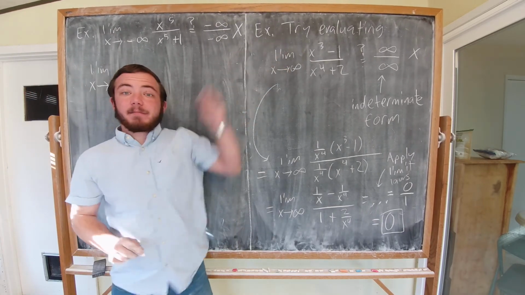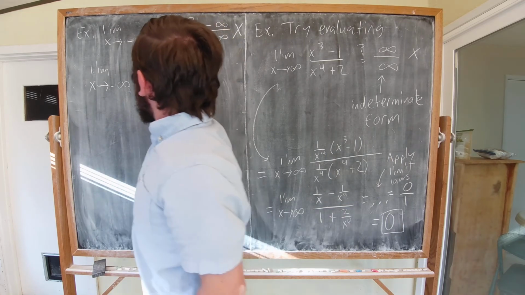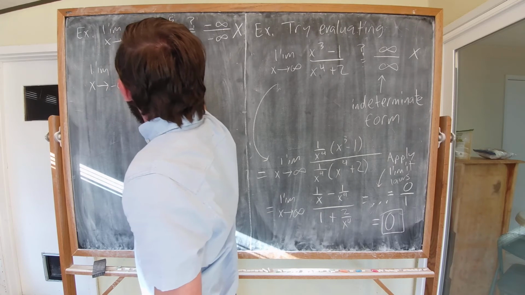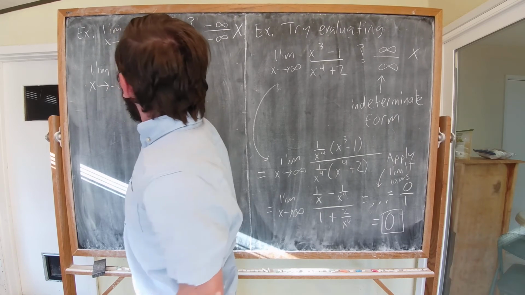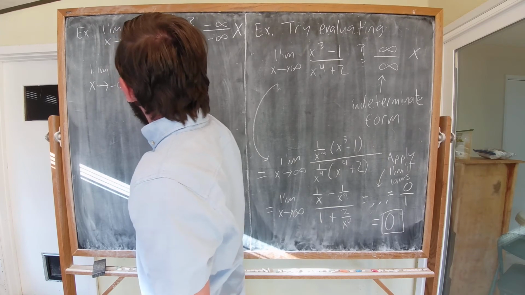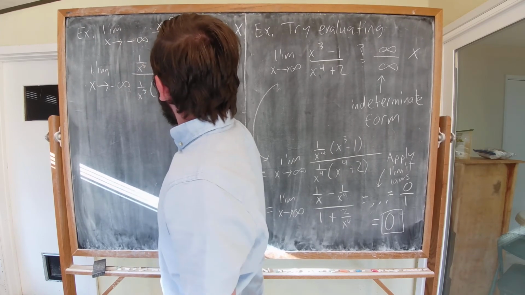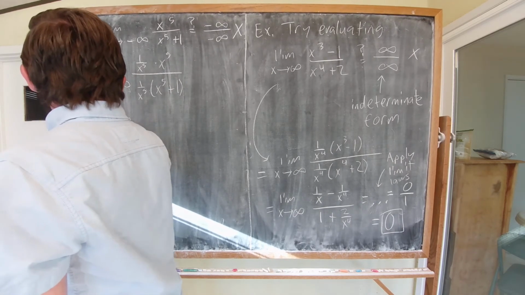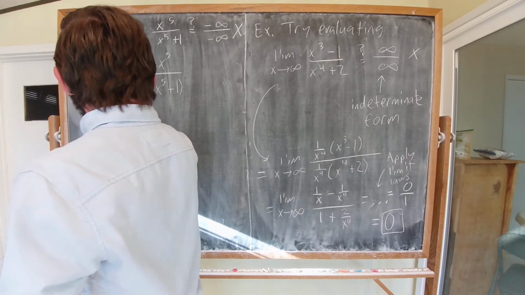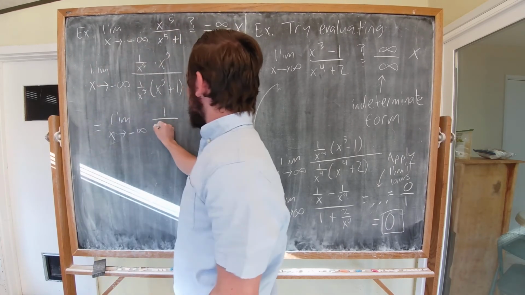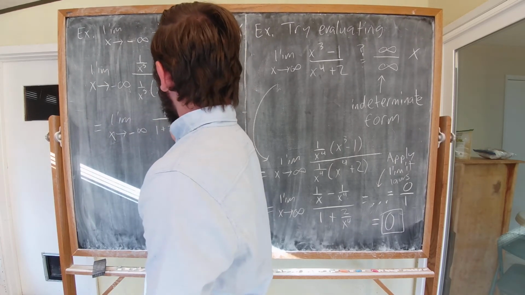This is the limit as x goes to negative infinity of 1 over x to the 5th times x to the 5th over 1 over x to the 5th times x to the 5th plus 1. That's the limit as x goes to negative infinity of 1 over 1 plus 1 over x to the 5th.